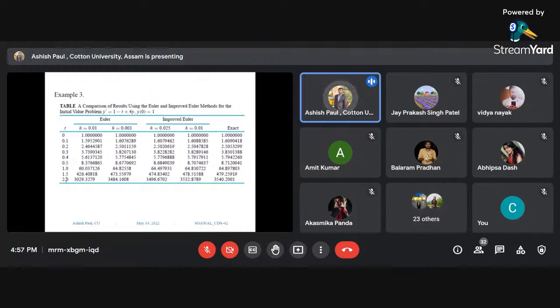So now let us compare this particular table. In this table, we have shown the Euler's method and the improved Euler's method. Here is a tabulated value. Let us concentrate on the very last line, that is at t equal to 2.0, and this is the exact value.